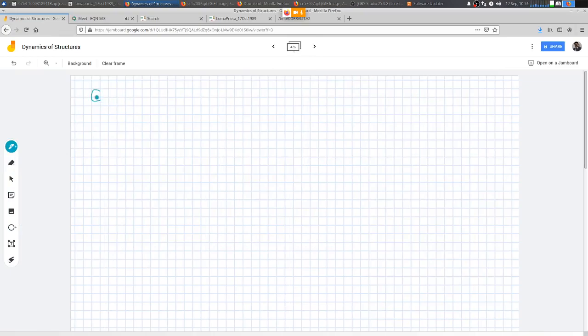So, Octave has a function which can do this job. It is called... this is not visible.